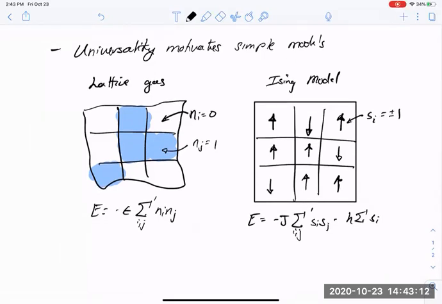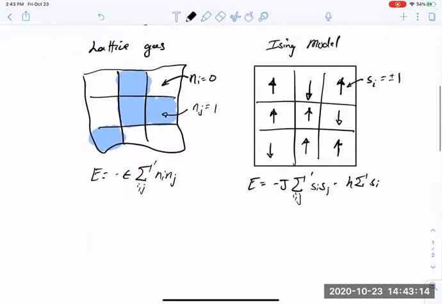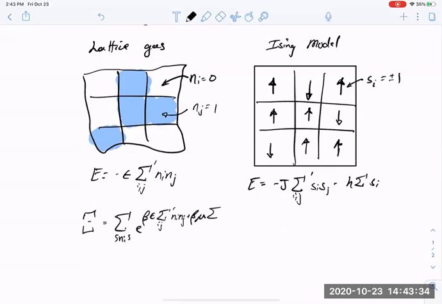Now, in the appropriate ensemble, so for the lattice gas, the grand canonical ensemble, which of course biases configurations based on both their energy as well as the total particle number. And for the Ising model, the canonical ensemble.